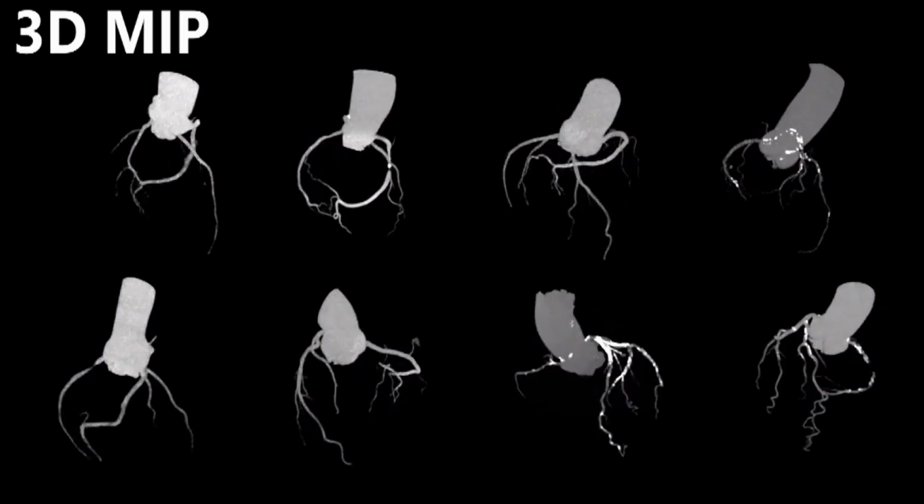And then as you get to the right side, you're going to have more and more complex cases, with a lot of calcifications, CTOs. This is something that you can just lay your eyes on and immediately have a sense of the complexity. That's why 3D MIPs are the first step for PCI planning.